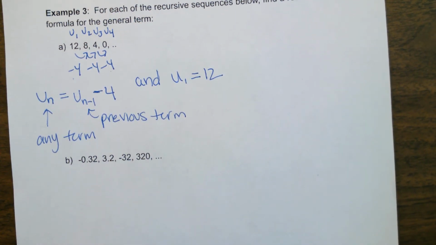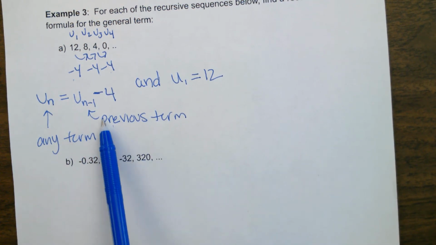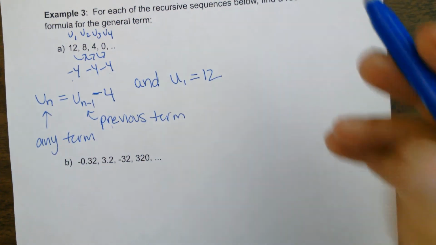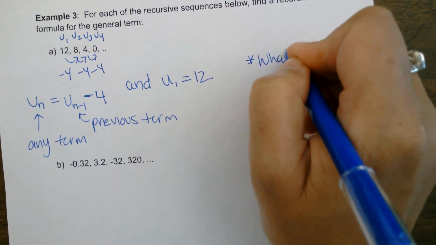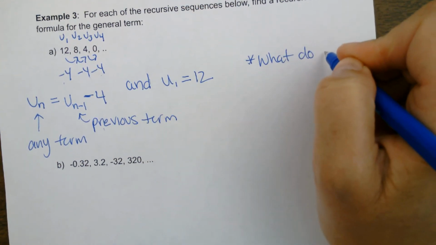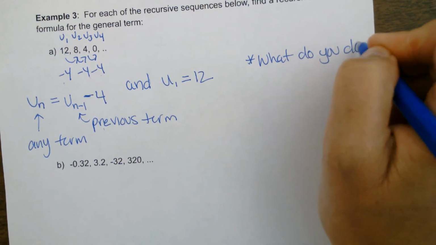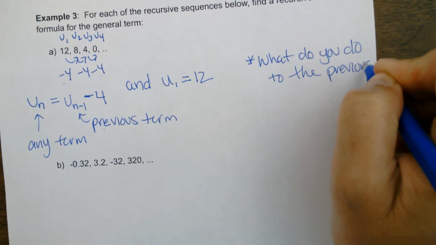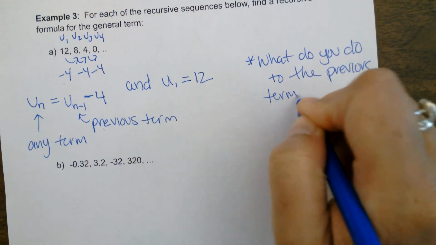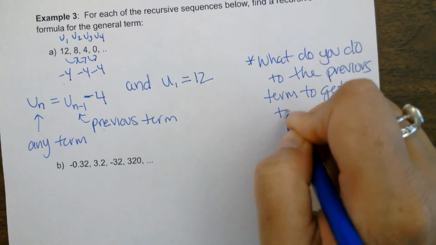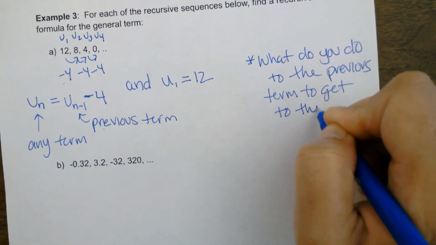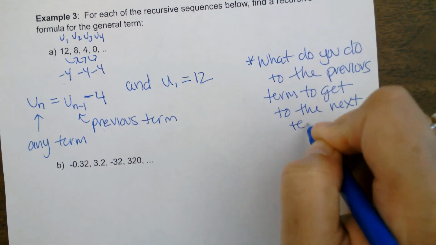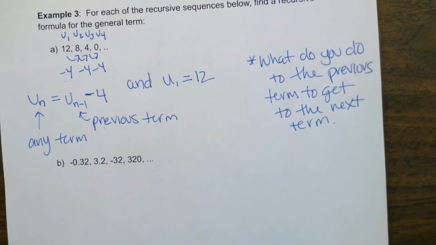That's your general form. It's just, what do you do to the previous term to get to the next term? I'm going to write that down. What do you do to the previous term to get to the next term? That's how we need to think about it.